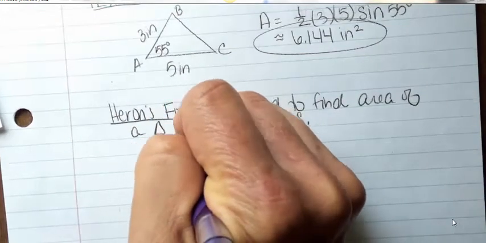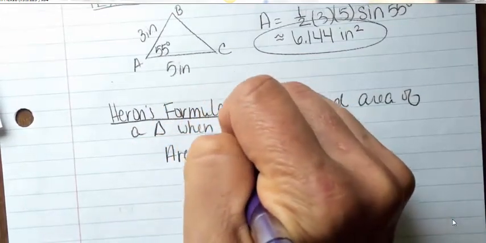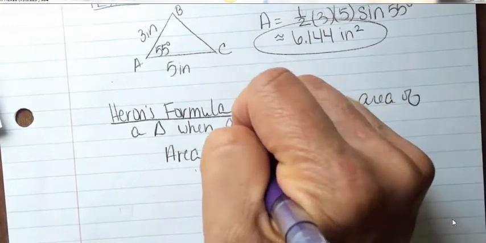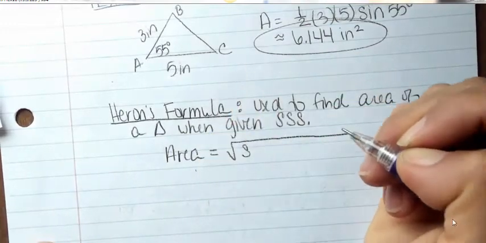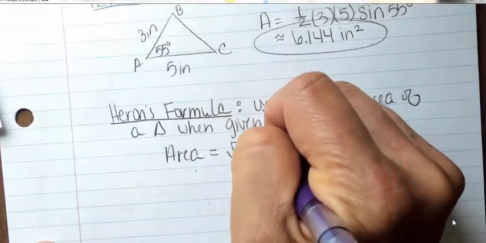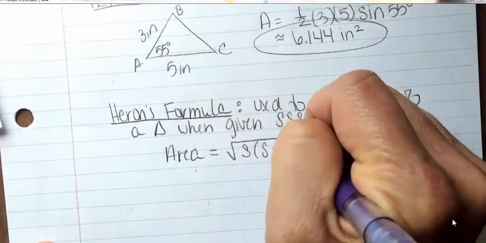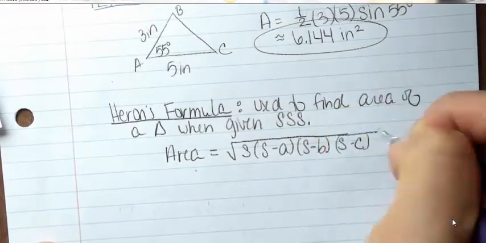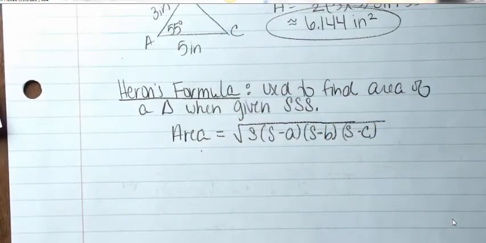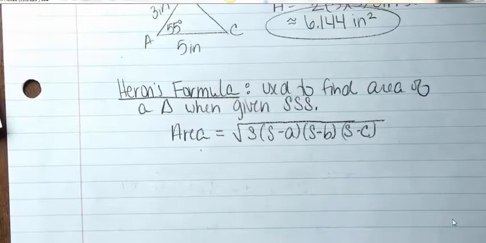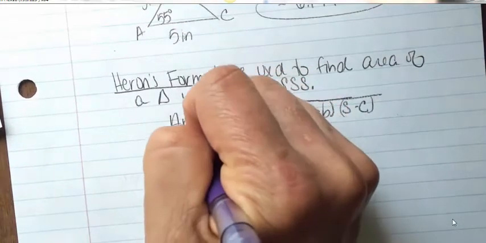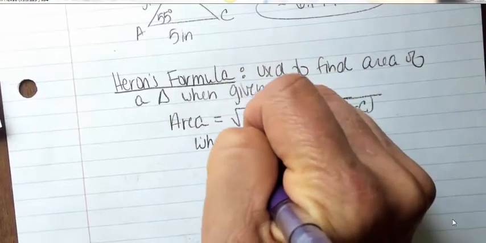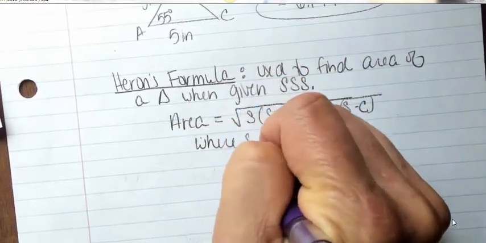So area equals, and I have to explain some of this to you, but it's really simple, I promise. This letter S, which I'll talk about in a second, times S minus one of the sides, S minus another side, and S minus the third side, in no particular order, because multiplication is commutative, so it doesn't really matter. And this is where S is known as the semi-perimeter.